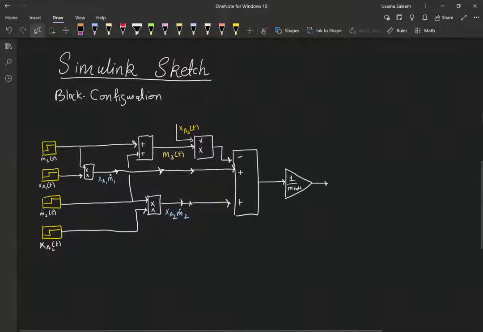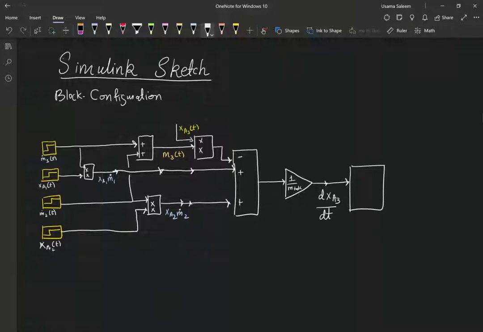Now let me finish the sketch. This term right here represents dXA3/dt, and once you integrate it, you're going to get XA3, the outlet concentration. Let me emphasize that in the correct color scheme, XA3.